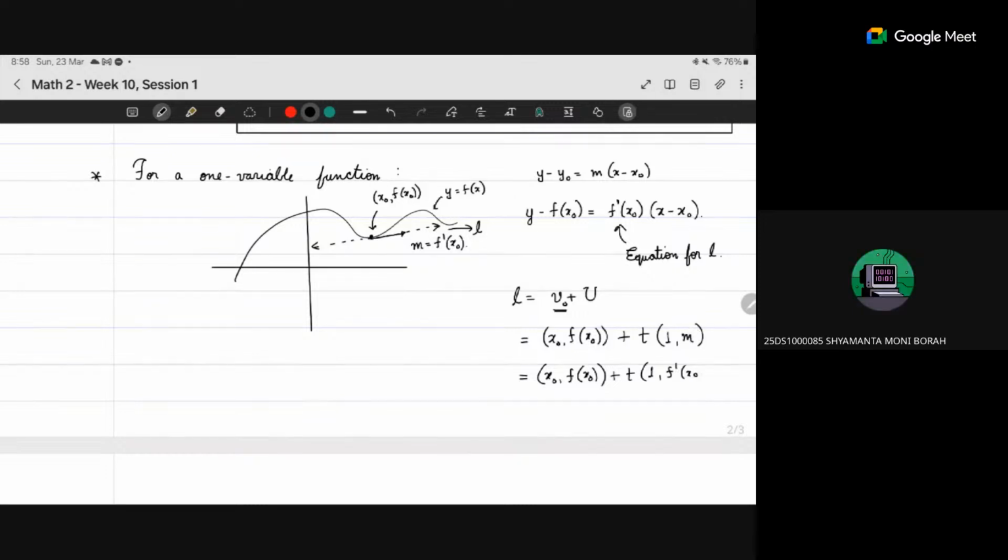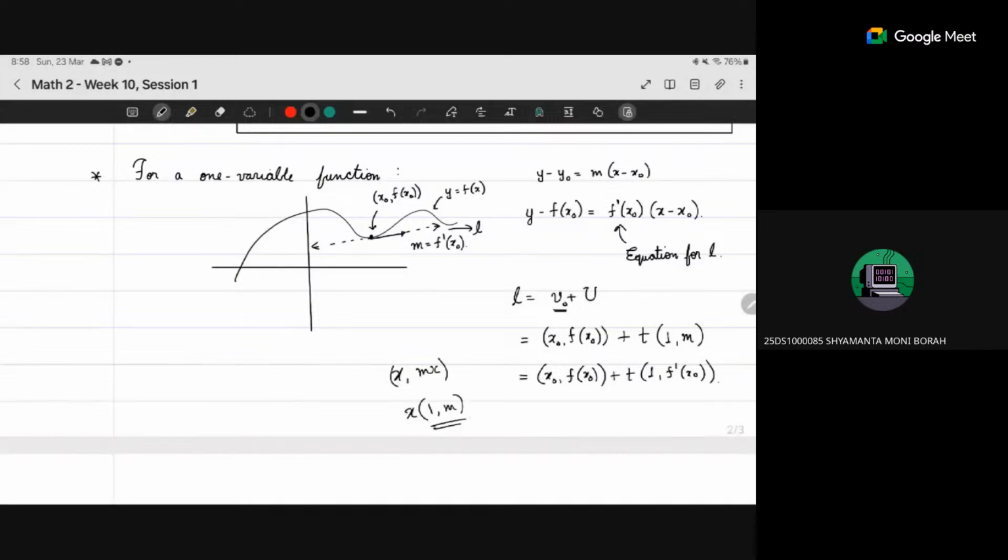So this vector is basically x comma mx, the slope. So it's x times 1 comma m.